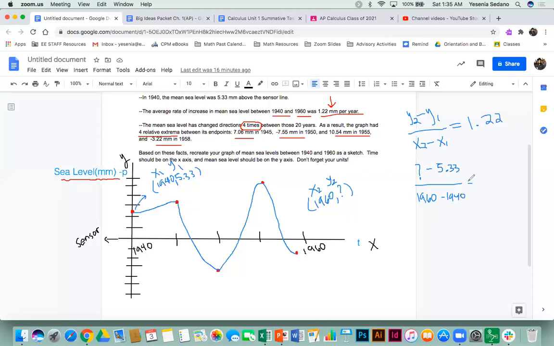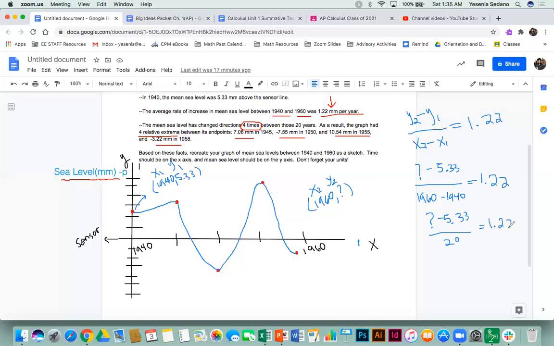And we still got that this is equal to 1.22. All right, so cool. Of course, let's simplify the bottom. So I got question mark minus 5.33 over 20 is equal to 1.22.